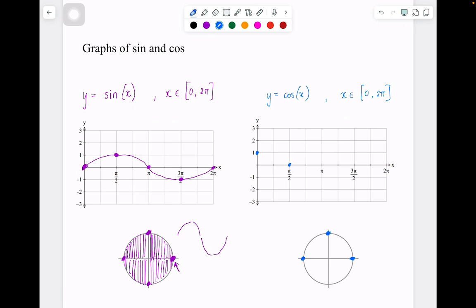The x value at pi is -1 now because it's over on the left side. When we go down to 3 pi on 2, our x value is back to 0. And when we return back to 2 pi, our x value is back to being +1.